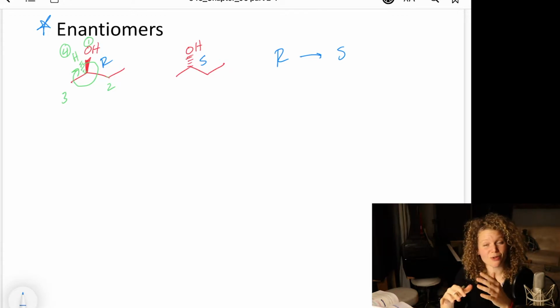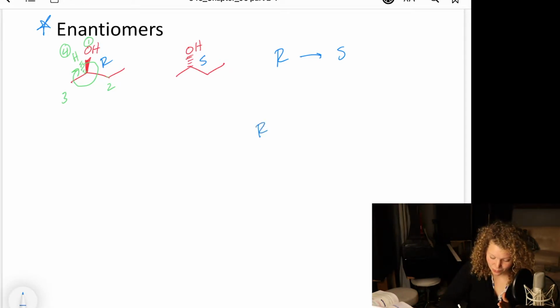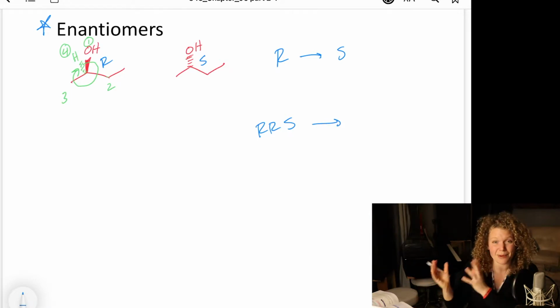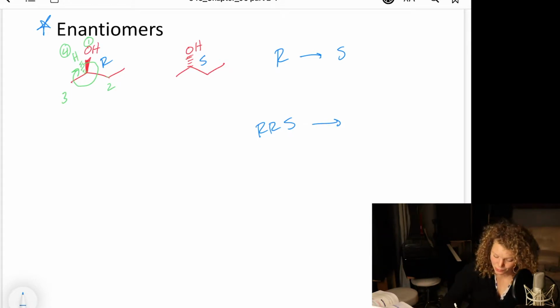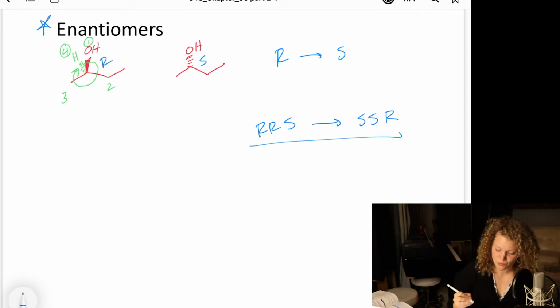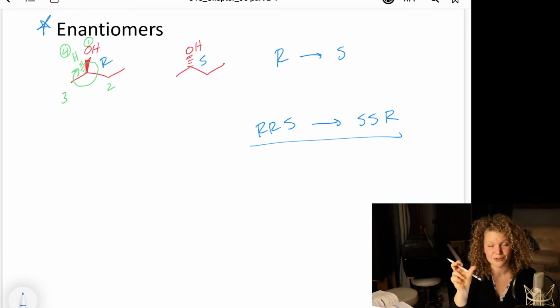Now, if a molecule has more than one stereocenter, let's say we had a molecule with multiple stereocenters, okay? There are 3 stereocenters and it was R, R, and S. And then each of them in the molecule that you were comparing it to switched, each of these stereocenters. So we had S, S, R, for example. These would also be enantiomers of each other.